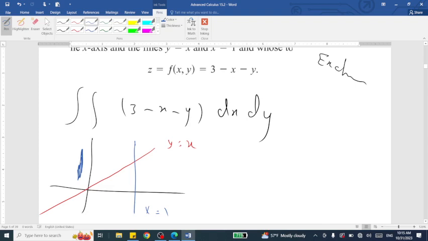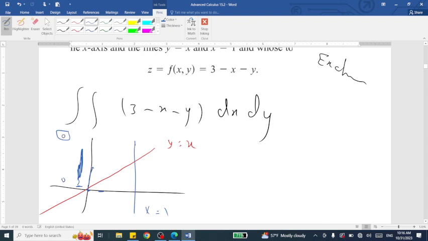In dy, y between what and what? 2 and 0. Here is equal to what? Lower boundary y, 0. You are right.